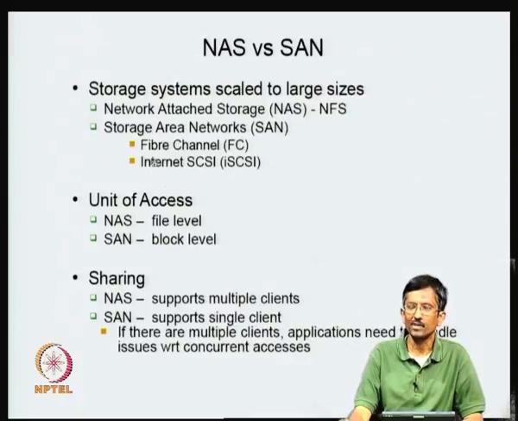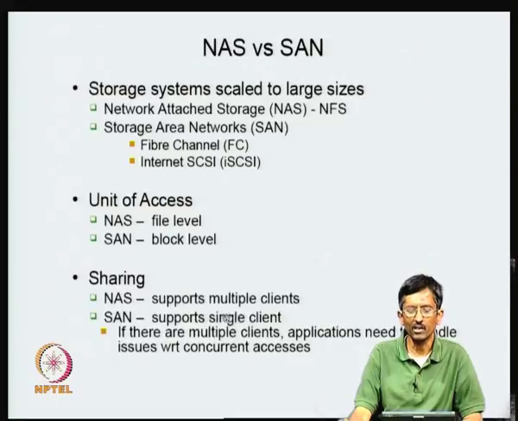and it has some other implications as well. For example, in sharing, it turns out that network attached storage typically can support multiple clients because it's a file protocol. So, usually there is a file system involved. Because the file system is involved, the file system can take care of concurrent accesses. For a storage area network, typically it supports a single client.